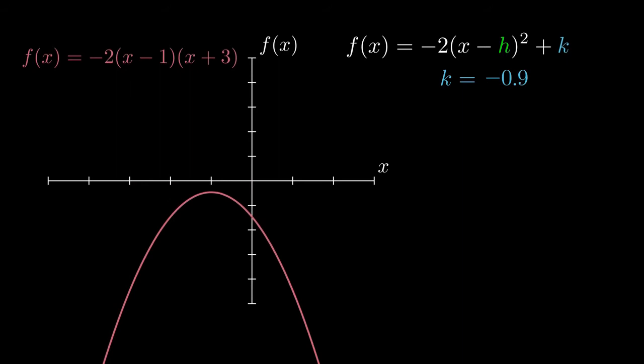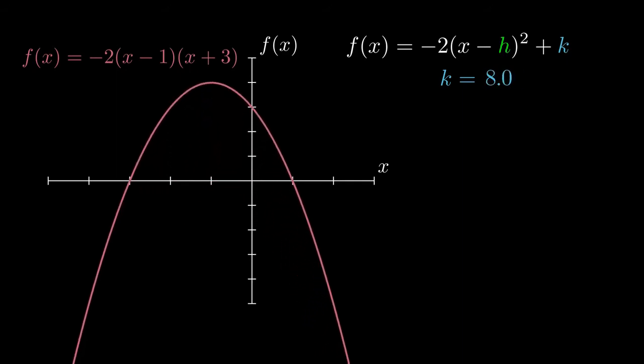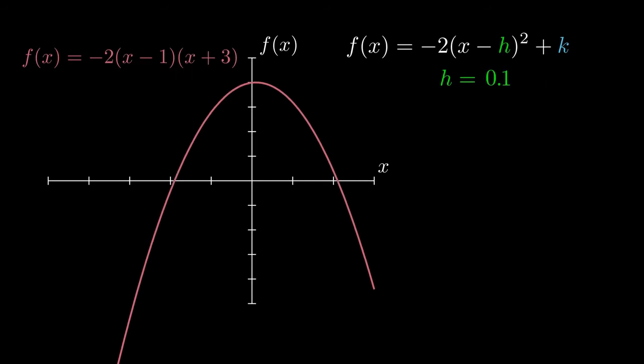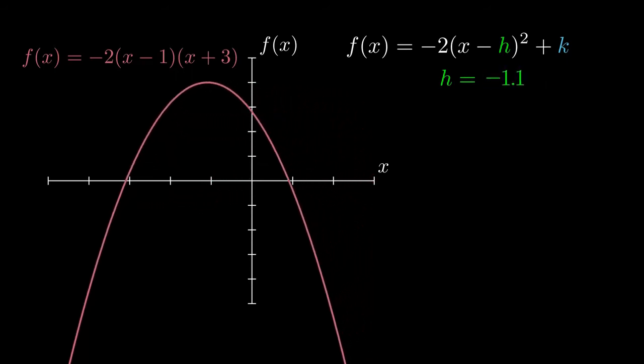K goes back up, the function goes up. It is just a straightforward vertical shift. Now the h is the horizontal shift. Notice that it's -h. So if you subtract h, this is how the graph changes as h changes. So that's why it's a nice form to get your function into.